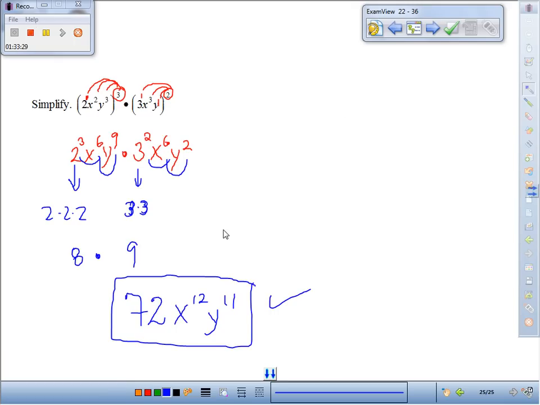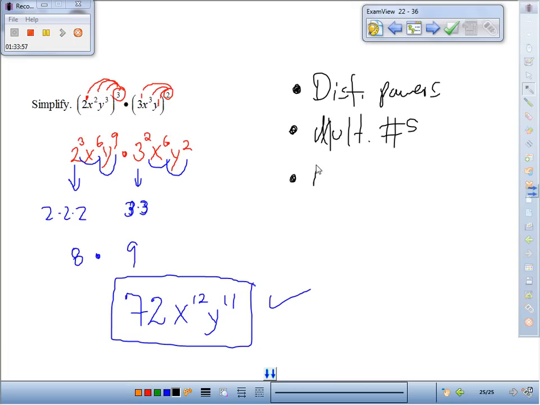So let's write a quick note for ourselves so we won't forget the steps. Number 1, distribute powers. So make sure you distribute this power inside. Second step, multiply numbers.